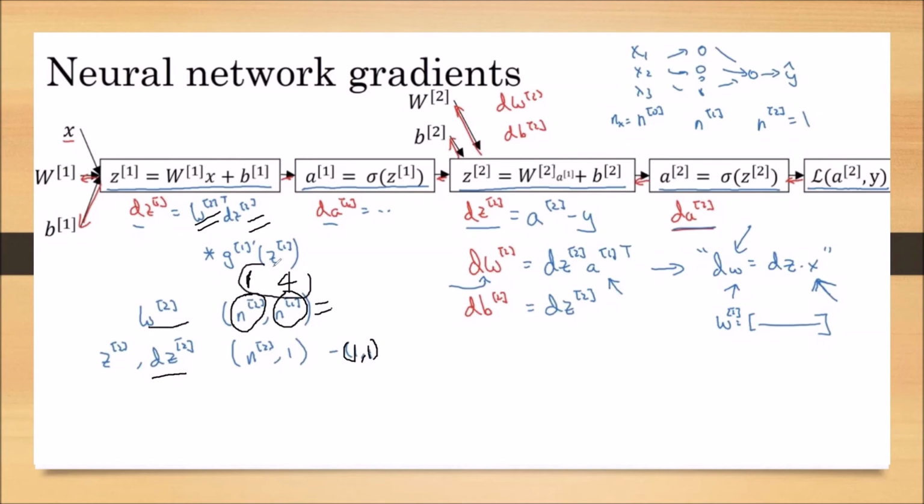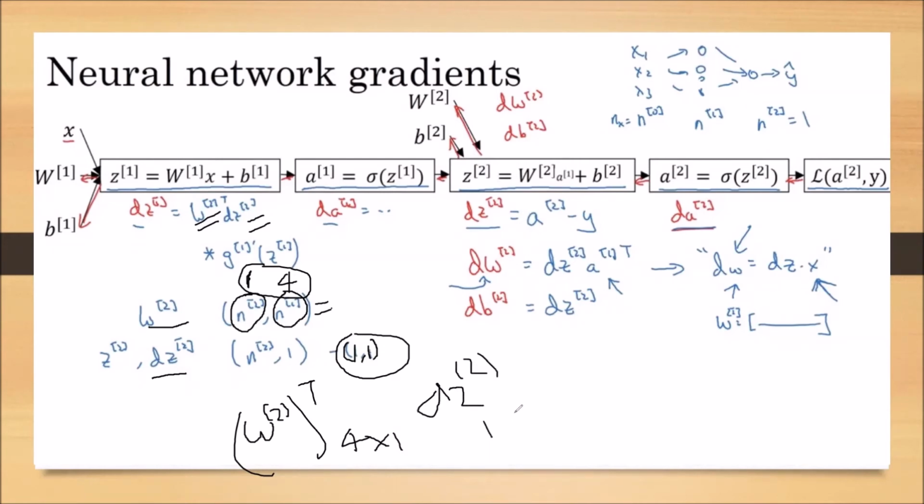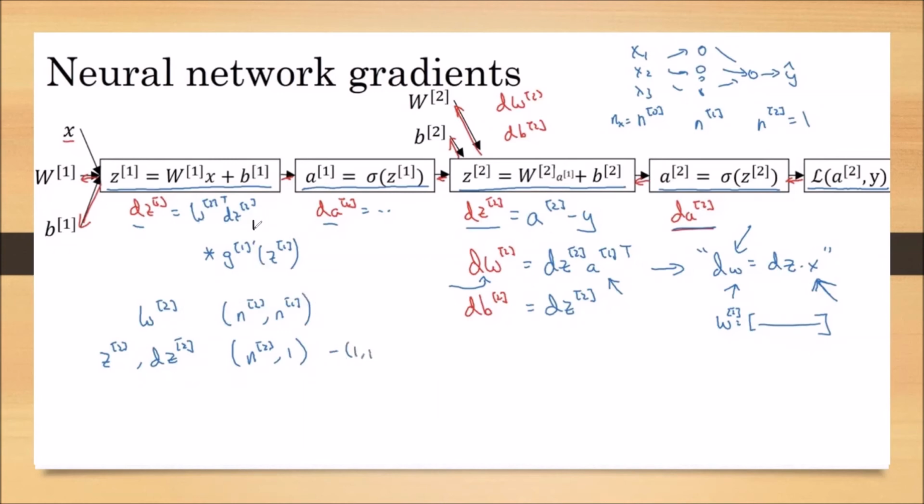One is a 1 by 4 matrix and the other is a 1 by 1 matrix. That's why we take W2 transpose, which is a 4 by 1 matrix. If we multiply the 4 by 1 matrix with the 1 by 1 matrix, the resultant is a 4 by 1 matrix.